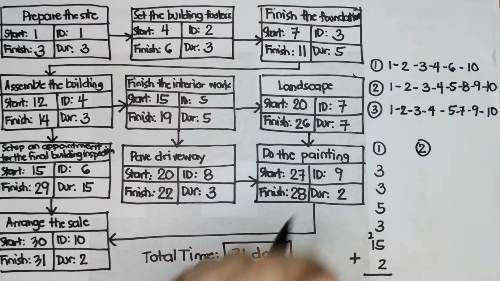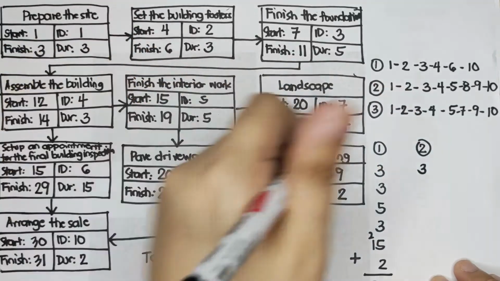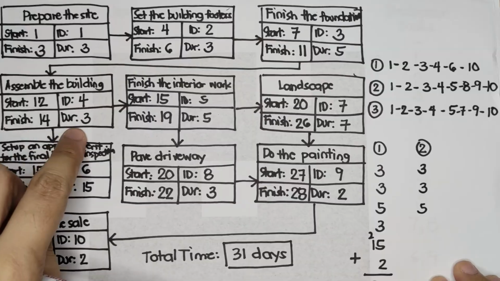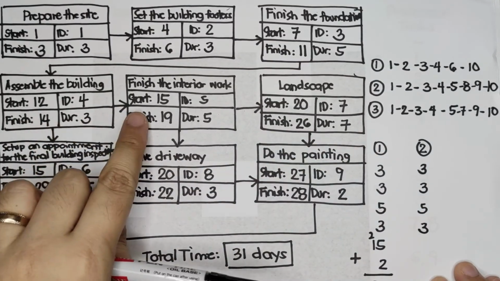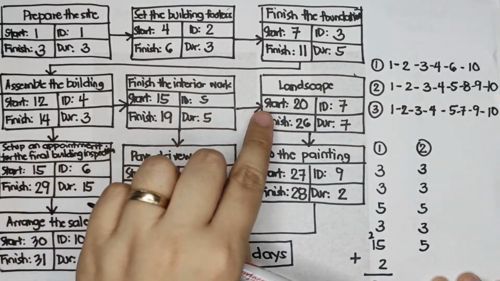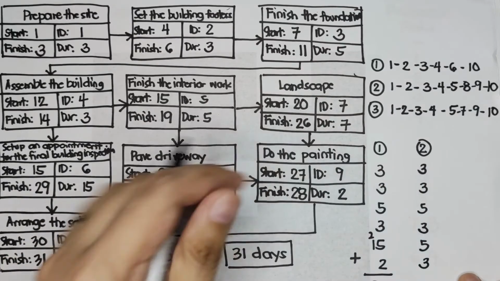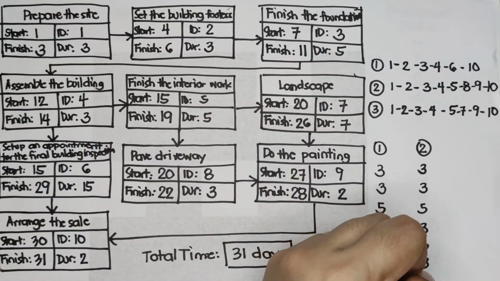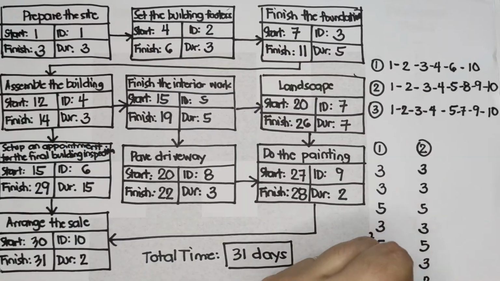So path number 2, so we have 3, 5, and then 3. And then since 5, and then 8 is duration 3, and then 9 is duration 2, and then 10 is duration 2.